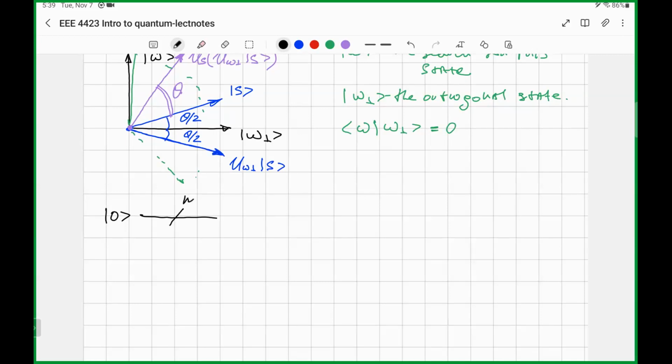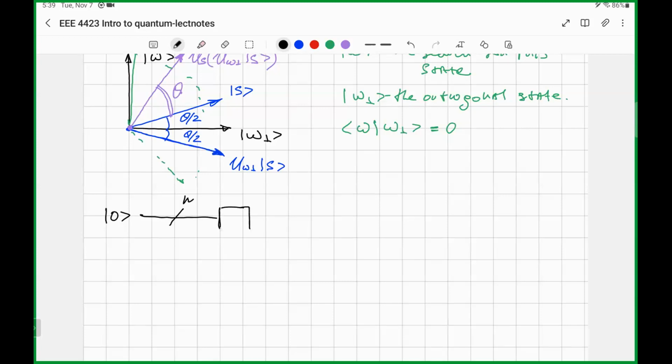This n means that we have n parallel lines in this circuit, so this quantum register consists of n qubits.